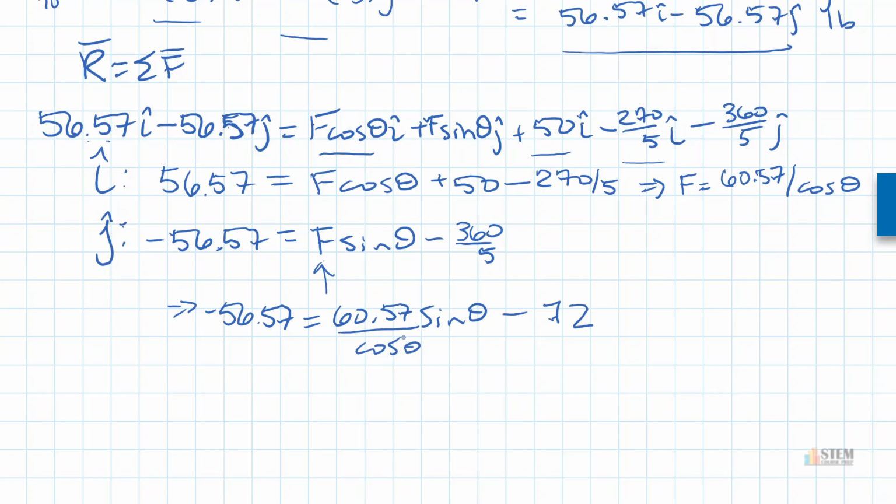If we look, we've got tangent here, sine over cosine. And then we can move this over here. Once we do that, we get 15.43 equals 60.57 tangent theta. Now we can solve for theta by doing the arc tangent of 15.43 over 60.57.